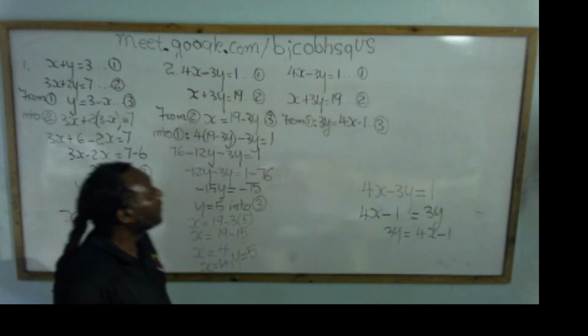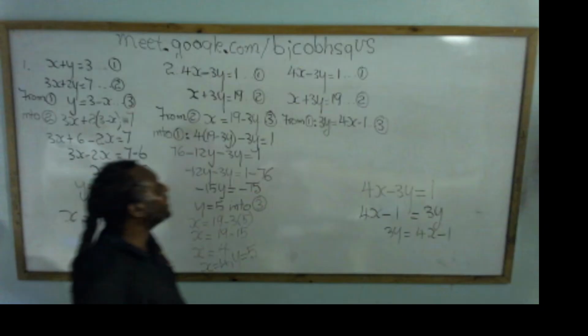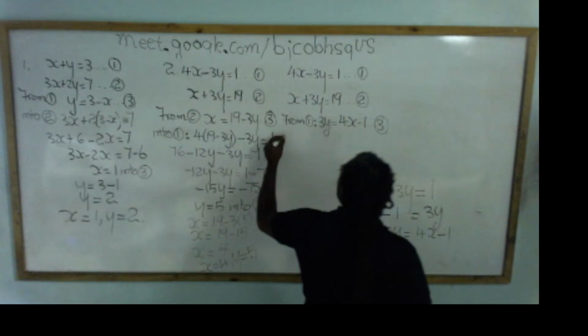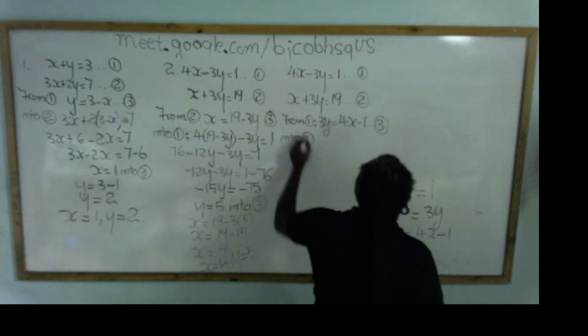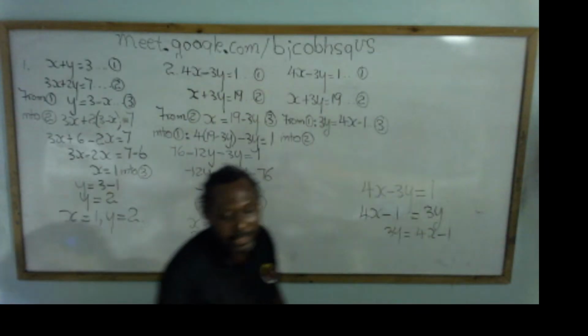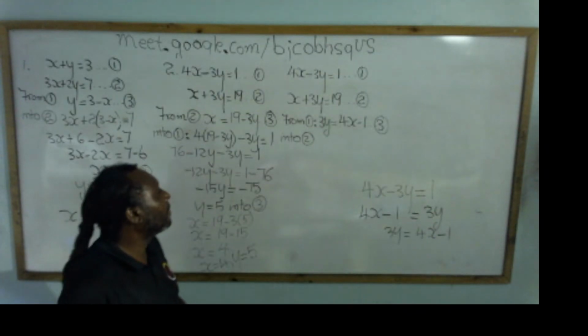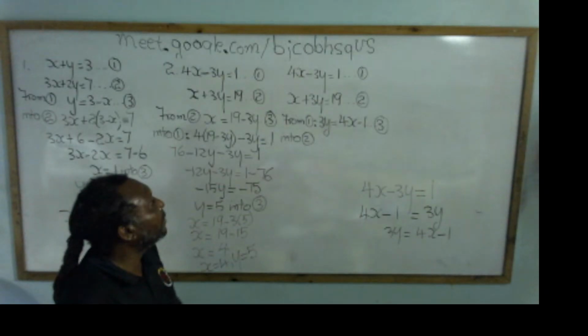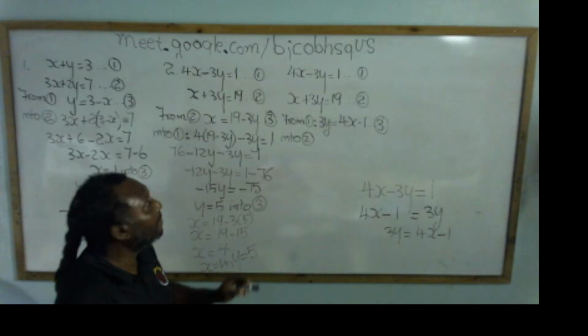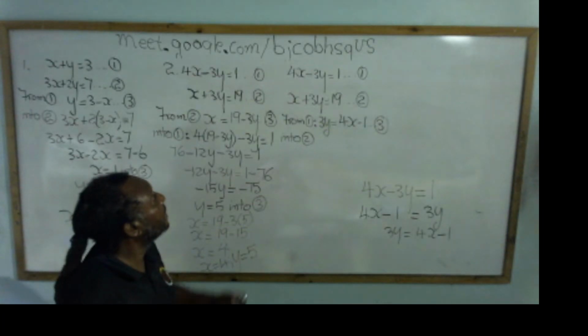And let us put that into equation 2. I am sure that there's at least one individual here who would have seen a pair of simultaneous equations being solved by substitution and maybe never see somebody substituting 3y for 3y. Now, what do we have here?